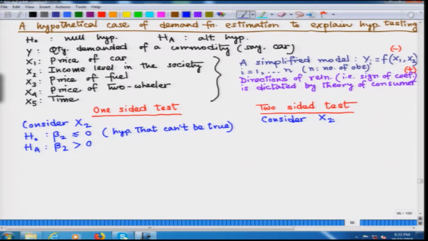So, in this case the null hypothesis could be written as beta 2 equals 0, and the alternative hypothesis could be written as beta 2 is not equal to 0, right. So, again here note the same thing, this null hypothesis which states beta 2 equal to 0 is basically a hypothesis that cannot be true.